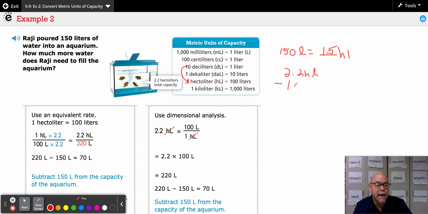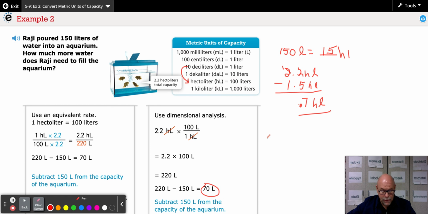Minus what he poured in as converted in hectoliters gives us, borrow and regroup, 0.7 hectoliters. All right. So either way, we get, one is in liters, the other is in hectoliters. 70 liters is equal to 0.7 hectoliters.